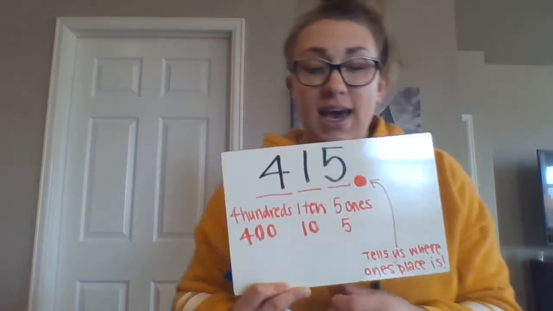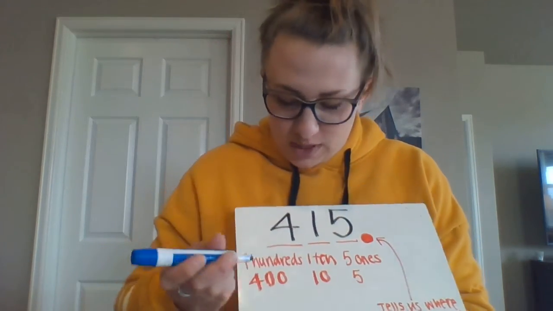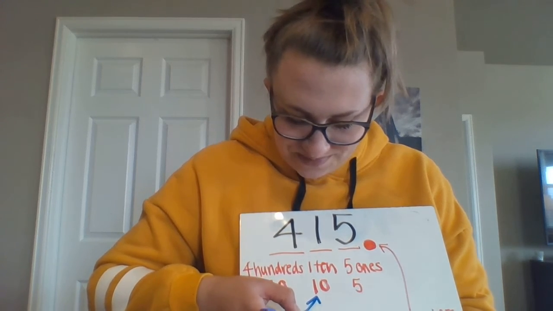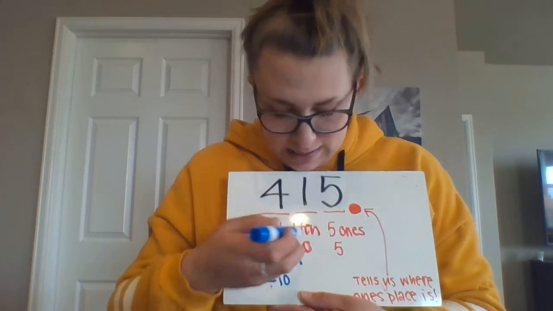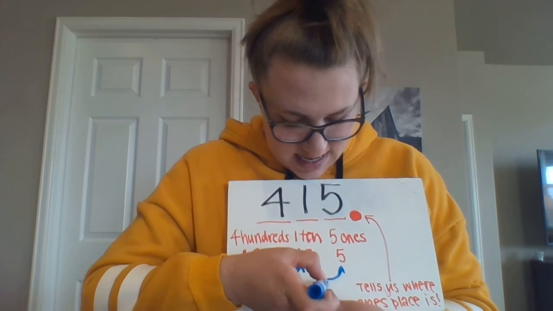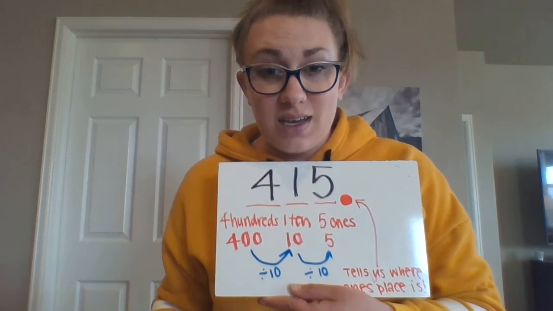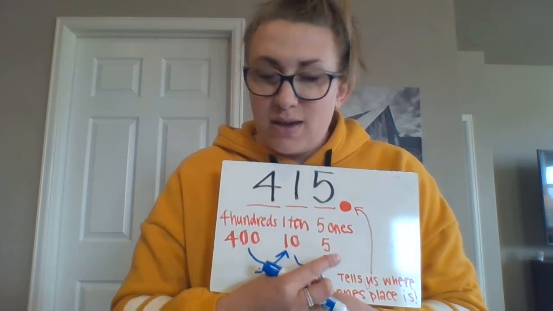Something else that I want to talk about between our place values is that as we go from a larger place value to a smaller place value, essentially what's happening every time is that it's getting divided by 10, right? 100 divided by 10 gets us just 10. 10 divided by 10 gives us a 1. Now thinking about where that decimal point is, we know this is the ones place.